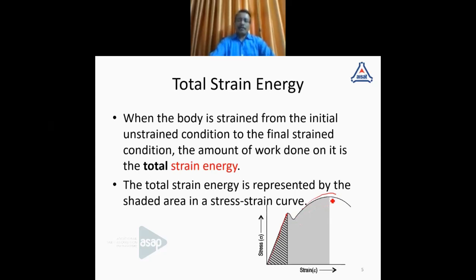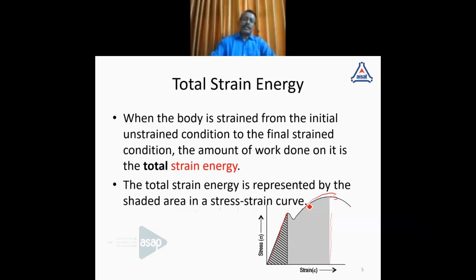So after this point, the material fails. And up to this point, we consider the total strain energy. Total strain energy is represented by the shaded area in the stress strain curve.